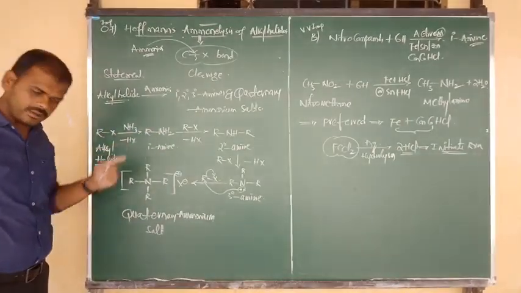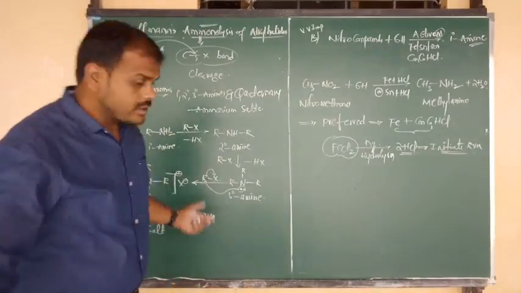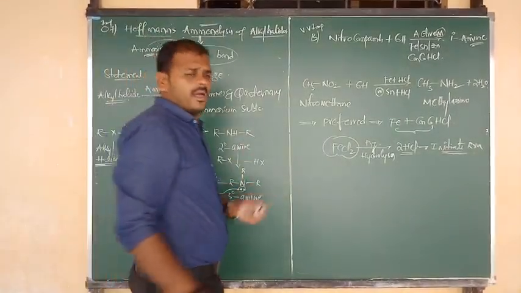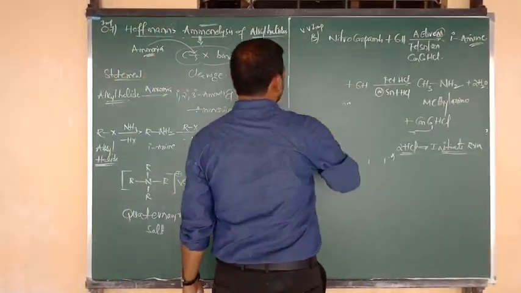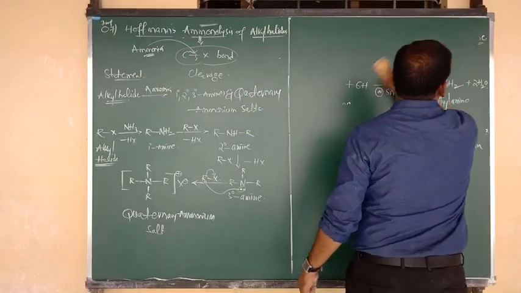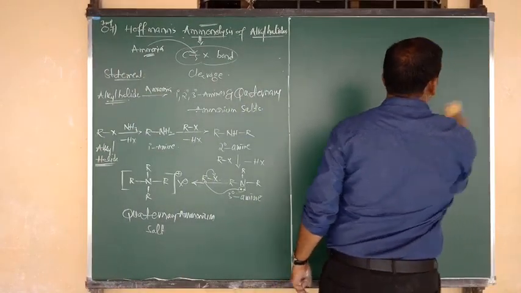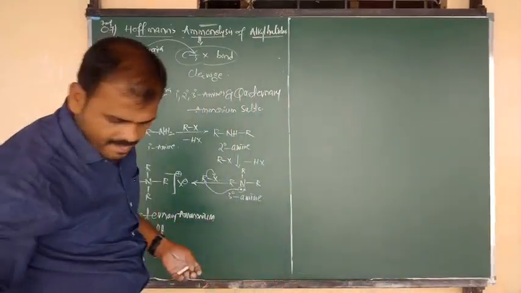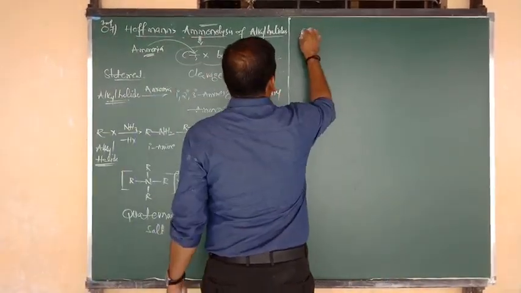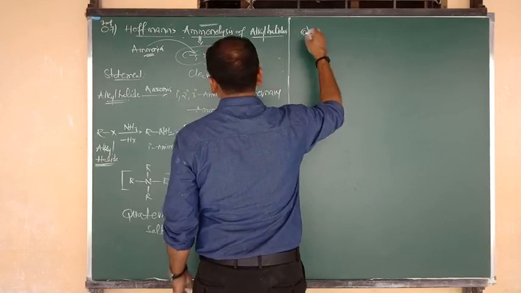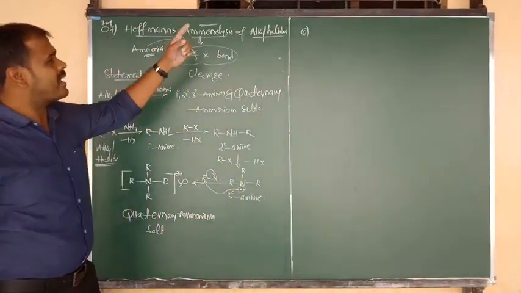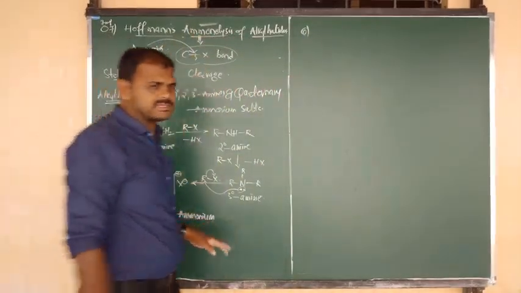Okay, good. So based on this method, 2 to 3 points are important for objective and theory. The important one is question number 1: the reactivity of alkyl halides in ammonolysis.